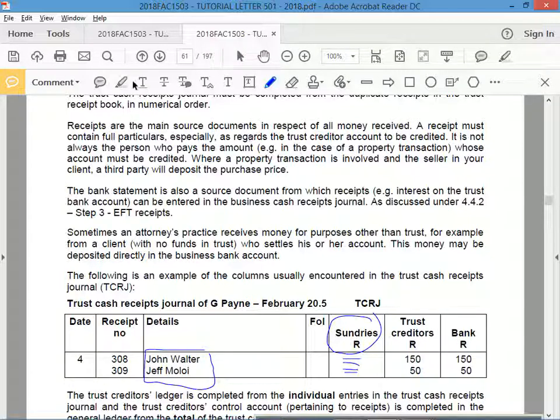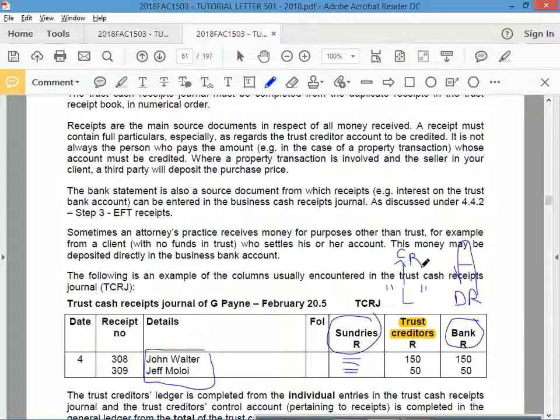Okay, what type of element would the trust creditors account represent? Inverted commas, liability. The bank is the bank, which is a debit, which is the assets. Obviously the liability is what's being owed to the creditors.